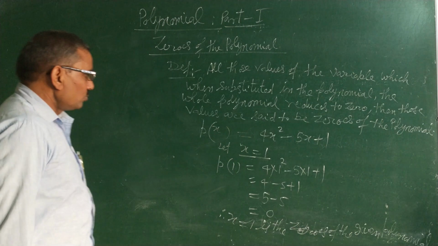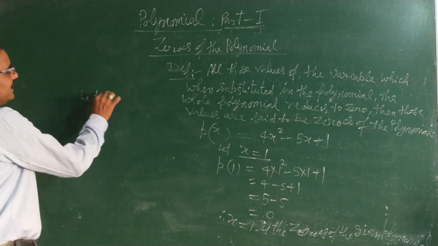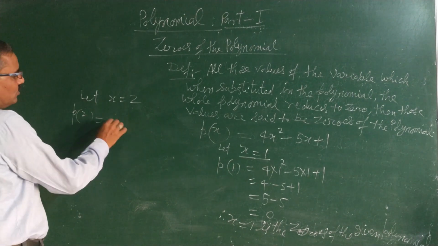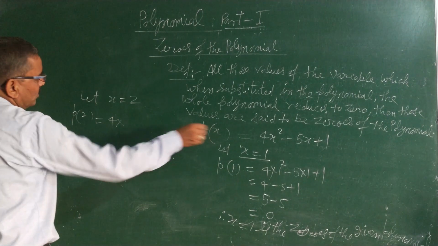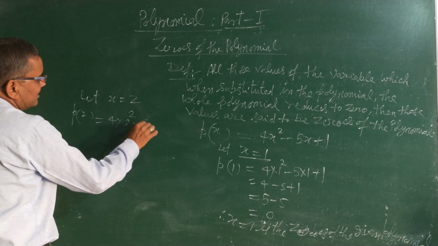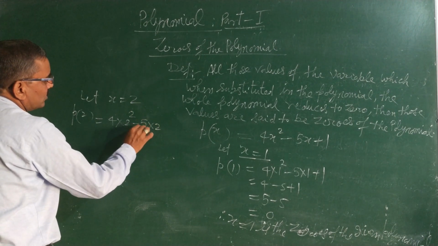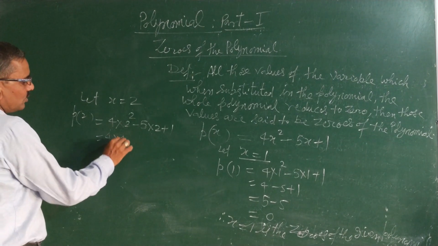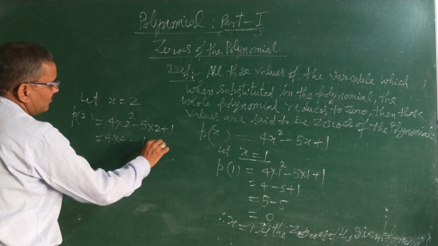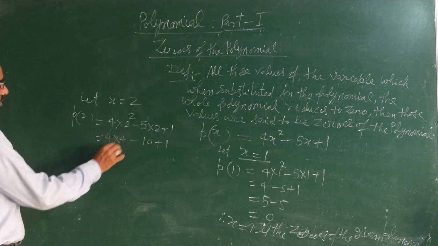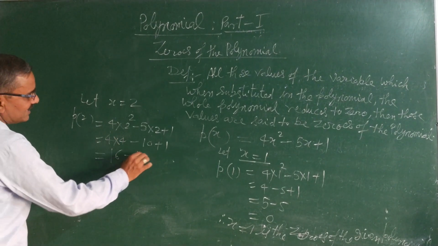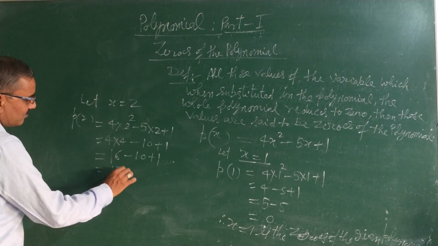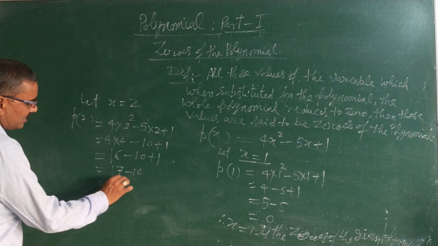मान लो x इक्वल टू 2, let x equal 2, then what about p(2)? p(2) is equal to 4 into 2 square minus 5 into 2 plus 1. Now this is 4 into 4 minus 5 into 2 plus 1. Now this is equal to 16 minus 10 plus 1. 16 and 1 is 17, minus 10, that is equal to 7.